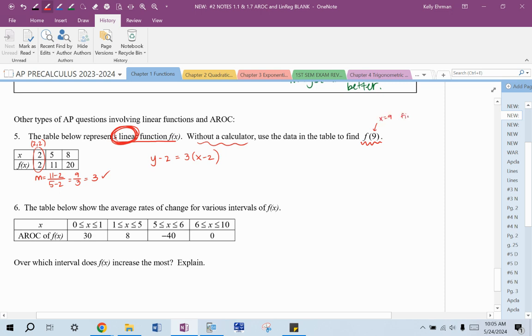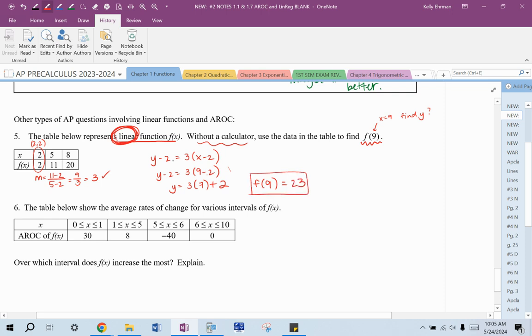I know we haven't officially talked about function notation yet, but that just means plug in 9 for x and calculate y. All right, so y is equal to 3 times 7, and then we're going to add 2 to this side. So f of 9 should equal 21 plus 2, 23.